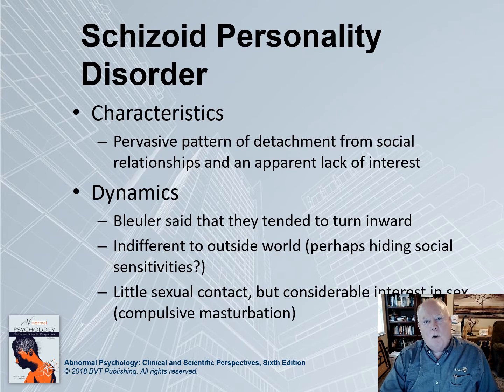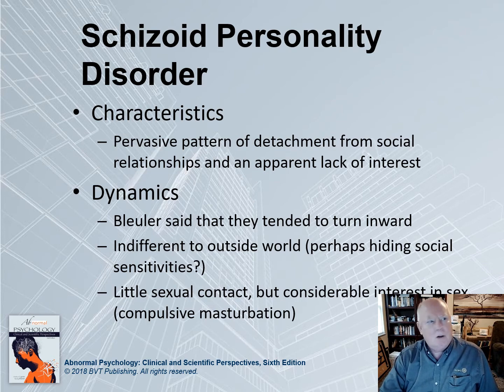The next disorder within cluster A is schizoid personality disorder. The schiz part of schizoid would suggest that this is somehow related to schizophrenia. And there may be some overlap with schizophrenia, although not nearly as much as with schizotypal personality disorder.